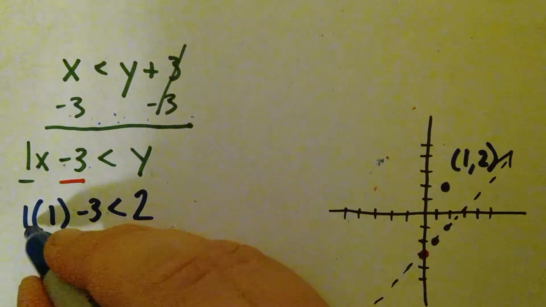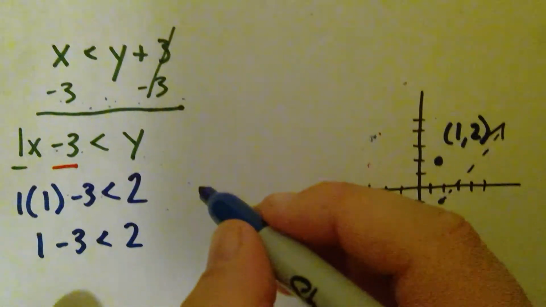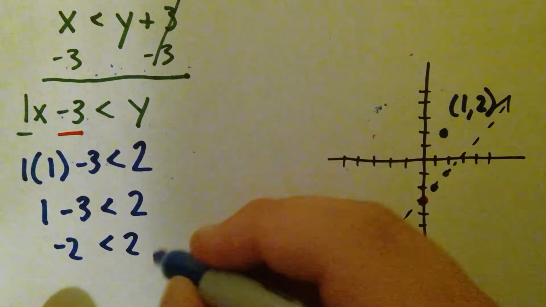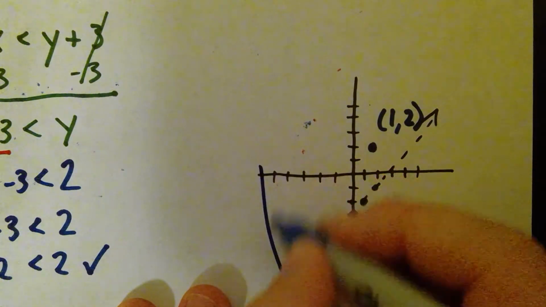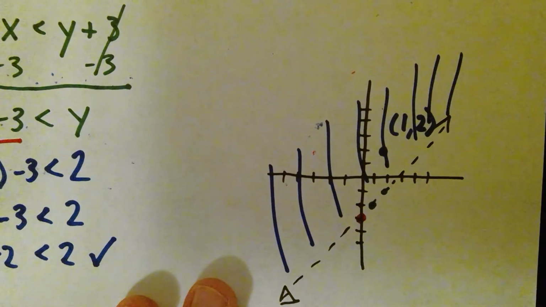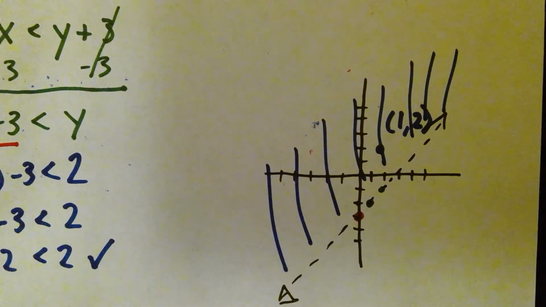So 1 times 1 is 1, minus 3 is less than 2. So 1 minus 3 is negative 2, which is less than 2. That is correct. So we're going to shade on this side of the line. Any point on the left side of our dashed line, the top left side, would be a correct solution.